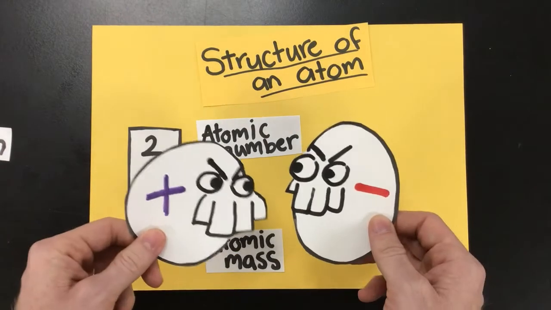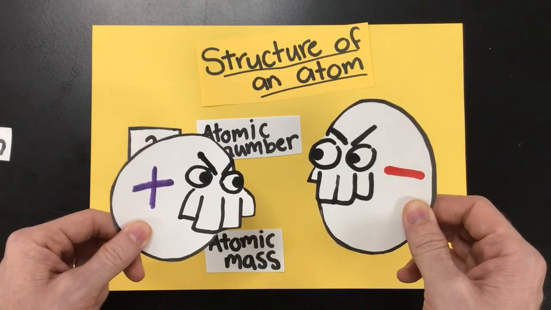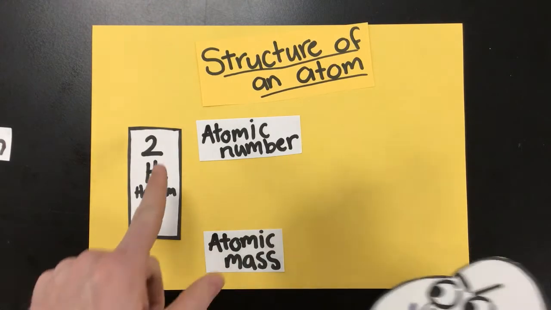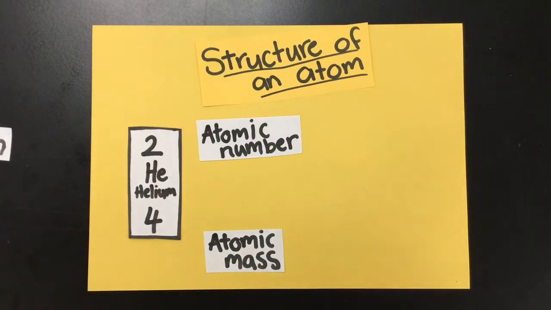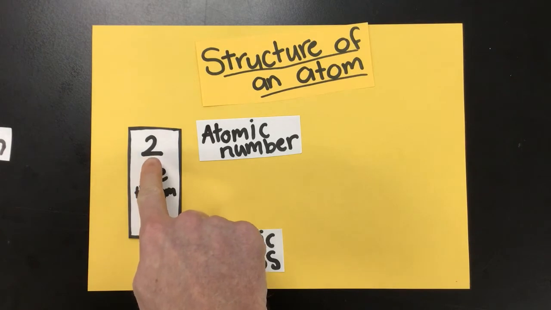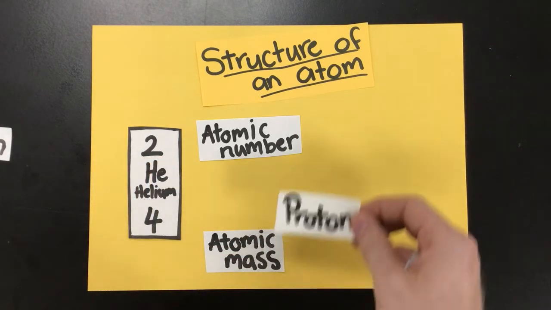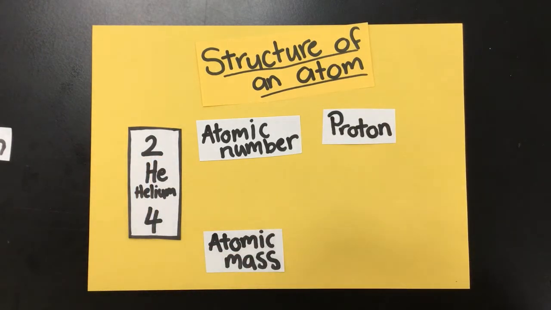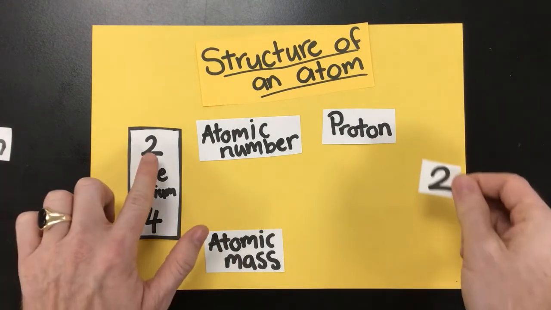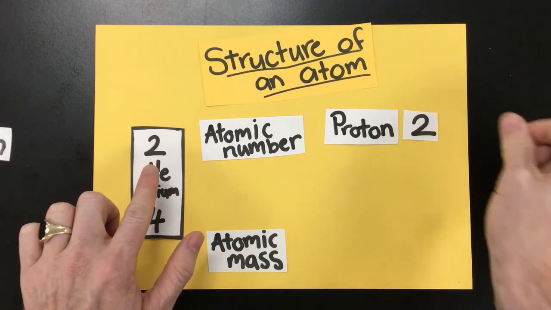So if I've got my proton and my electron, I need to figure out how many of them I'm allowed on the field. As I said, my atomic number tells me this. In fact, it tells me rather easily. The number 2 there tells me how many people I'm allowed on my field. So in the case of my protons, I'll be allowed 2 on the field.